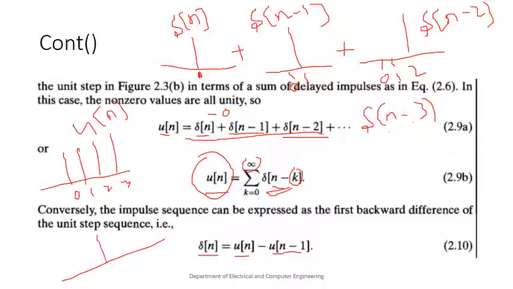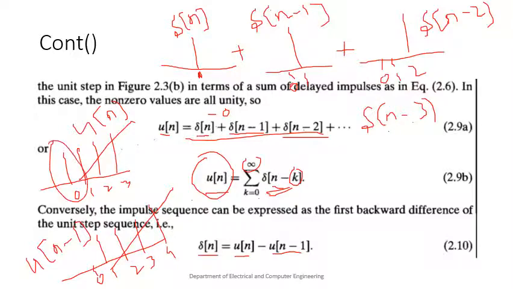It has nothing at 0, then 1, 2, 3. It is shifted towards the right, and this is going on. If I subtract these two, all these will be cancelled. What will be left is only this, and what is this? The unit impulse. So this is the interconversion of how you can obtain delta of n from U of n and U of n from delta of n. So this must be very clear to everybody.